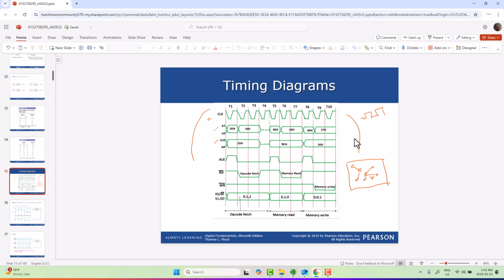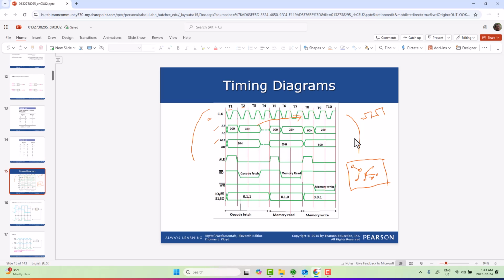We are not really concerned about what this specific timing diagram does. But what is important is to know that we have here the clock. The clock's job is to maintain time. So this is T1, T2. So time goes in this direction.